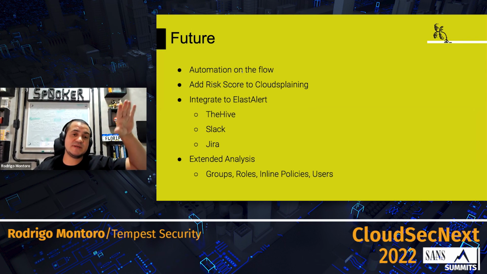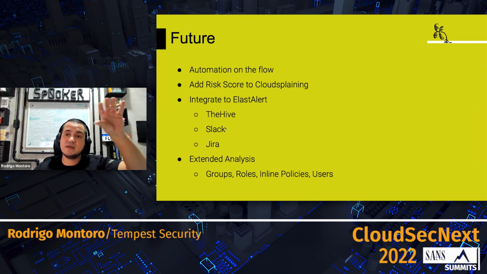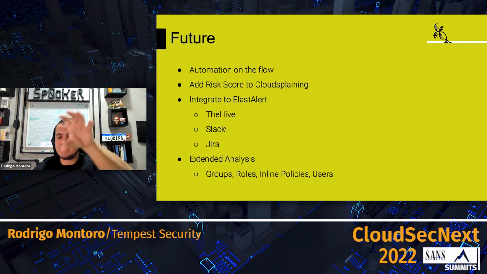If the threshold is bigger than X, we could use Boto3 and ask the Access Analyzer API and just go to Slack and say, oh, this policy has 2 permissions, those users are related, and this is a draft to start from. So you have something to start with, because changing IAM is a pretty complex place. It's not something easy. We want to extend the analysis to group roles, inline policies, and users, so it could be more granular here.